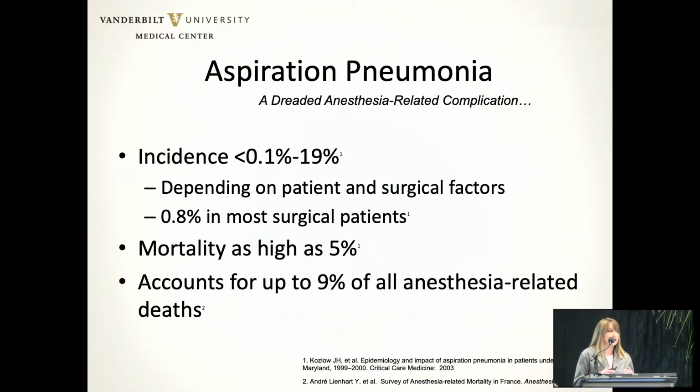Around 1% is what I've seen for most of our patients coming to the operating room. Just a reminder, aspiration is a leading cause of death for airway events and accounts for up to 9% of all anesthesia-related deaths. So this is a real problem and something we really need to pay attention to.